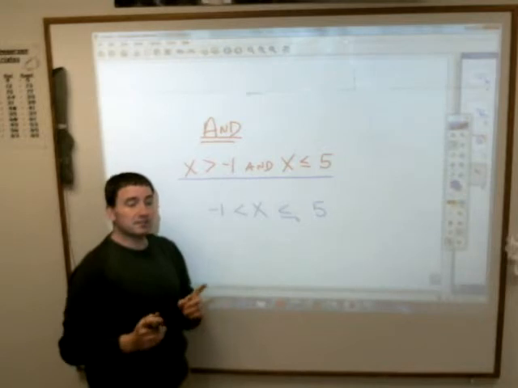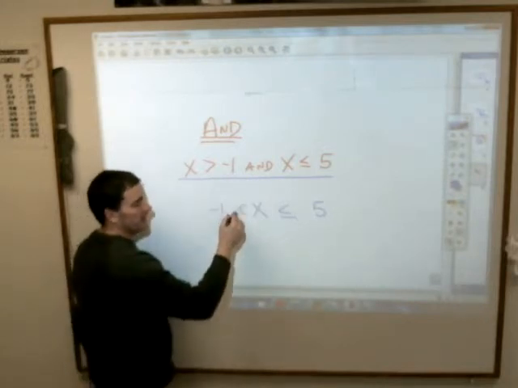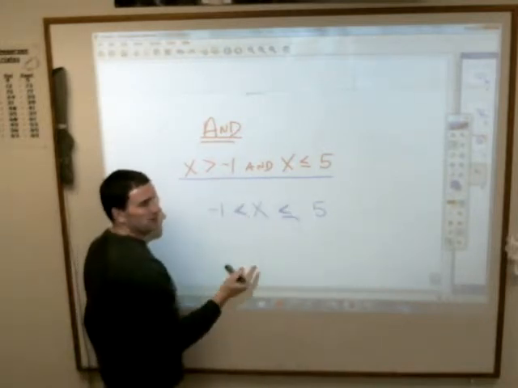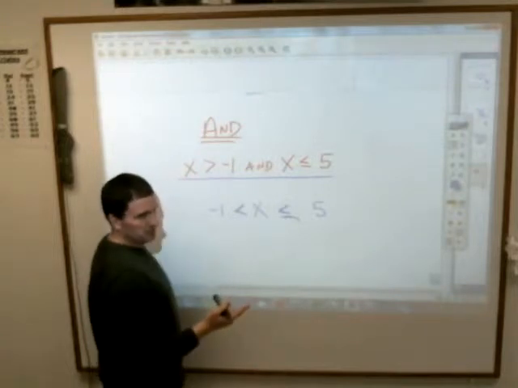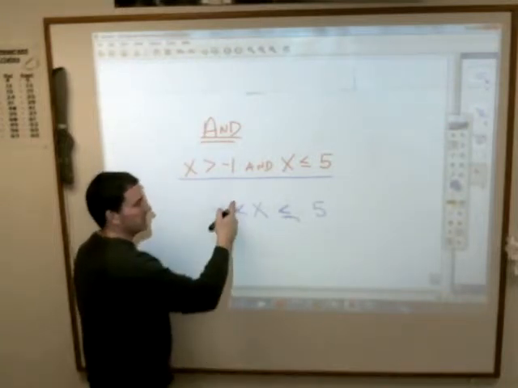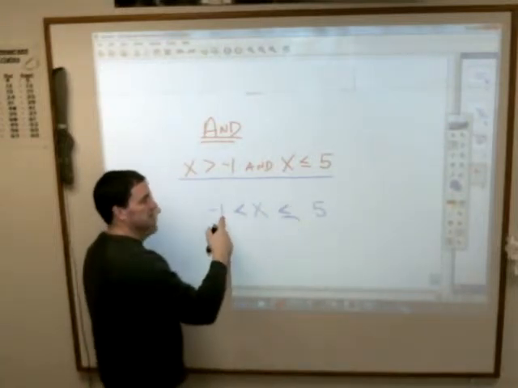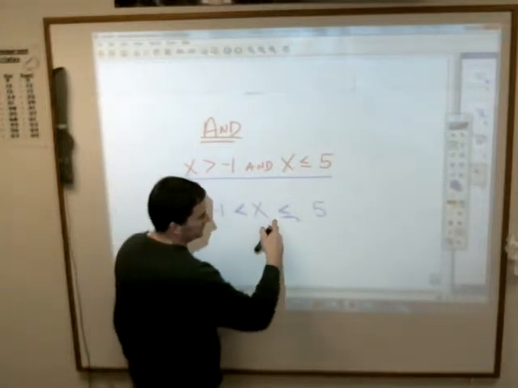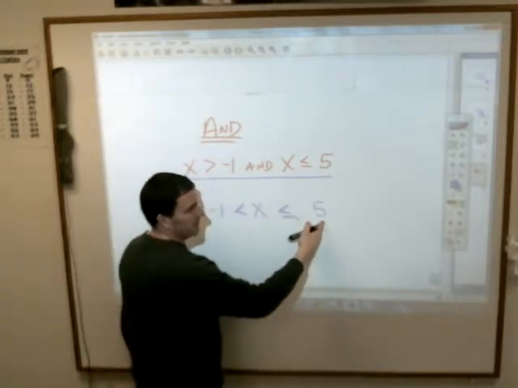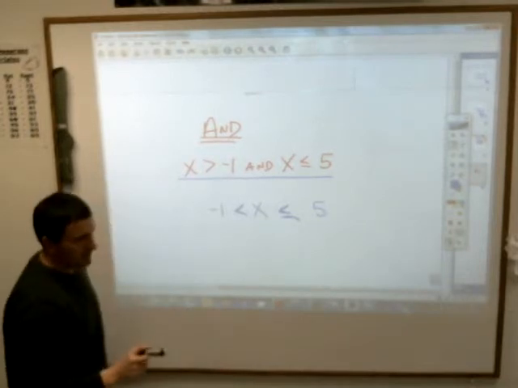And the signs have to go this way. It can't work the other way around, because if you flip the signs around, you're saying that x is less than -1 and x is greater than 5, and there would be no answer to that.